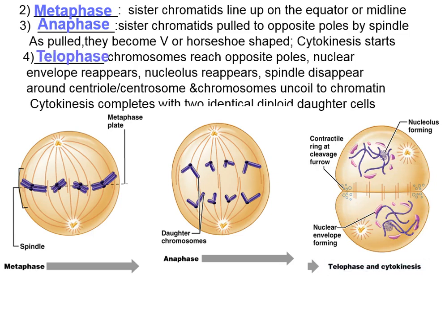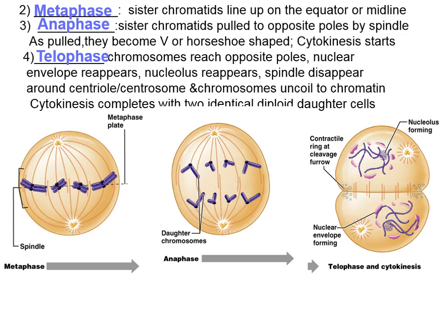You get two cells in telophase, but really, it's the opposite of prophase. Remember, in prophase, your nucleus, your nuclear envelope and your nucleolus disappeared. Well, in telophase they reappear. Remember that spindles and asters appeared in prophase.